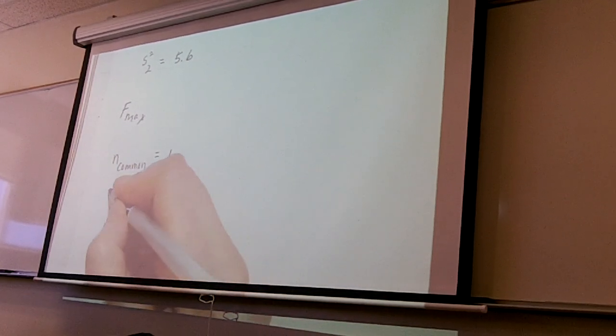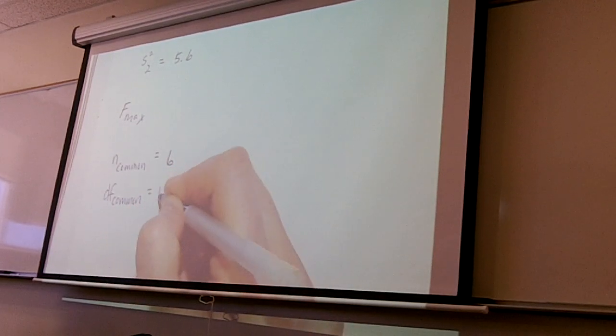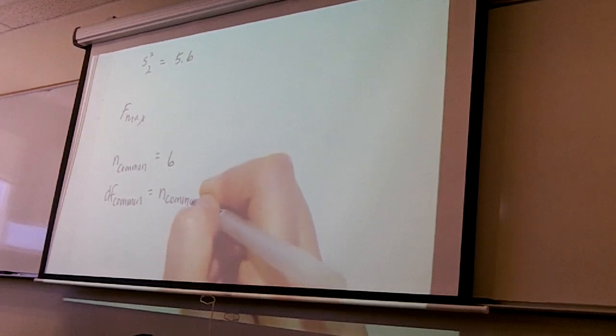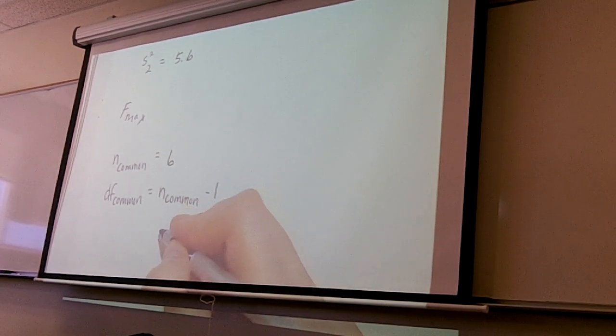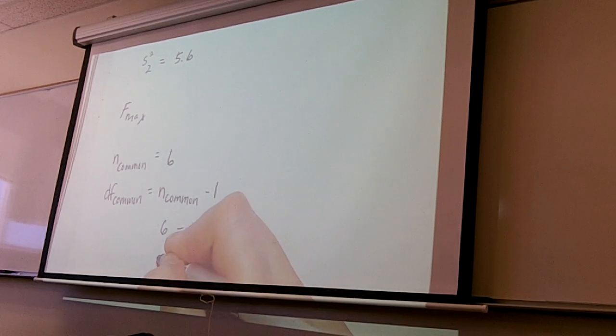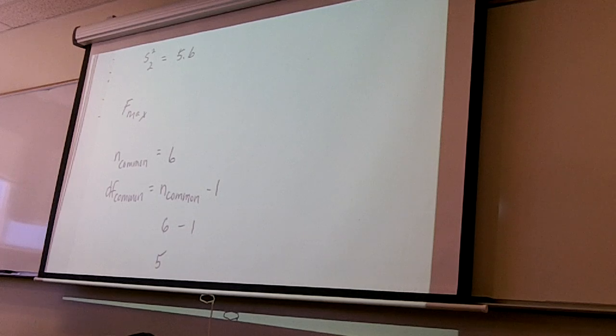So now I need to figure out degrees of freedom common, which is n common minus 1. It's really tricky. 6 minus 1. 5. I know, the math here, it's overwhelming. So we're going to go look on this chart now.